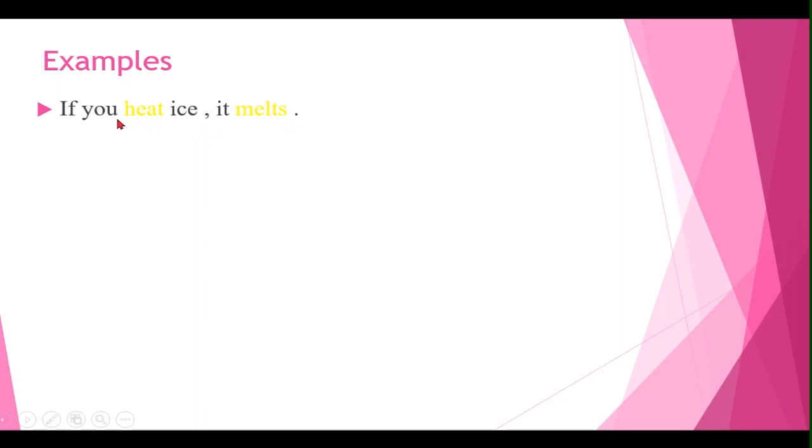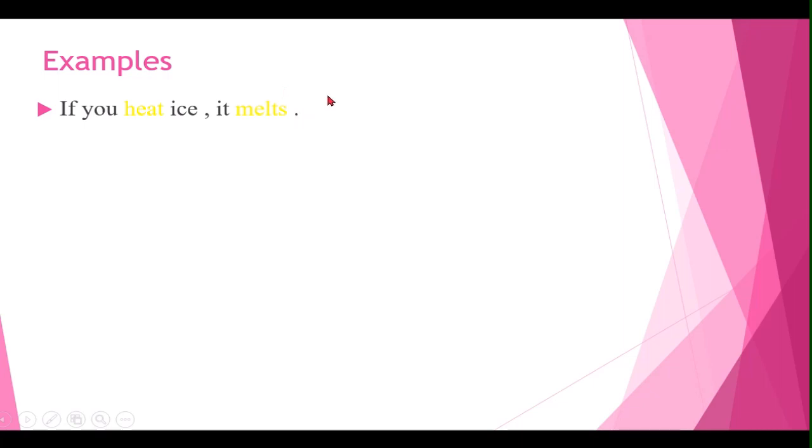Any part of the sentence we call a clause, which means a group of words. It may have a subject and a verb, and it contains a part of the sentence. Here we have two types of clause. This one with if, we call the if clause, and this one, the result, we call the main clause.